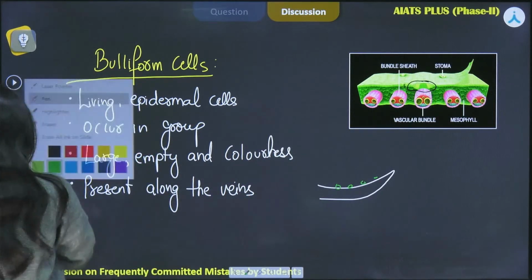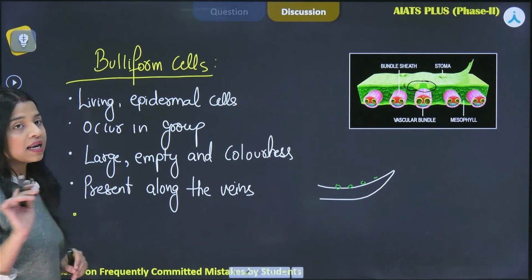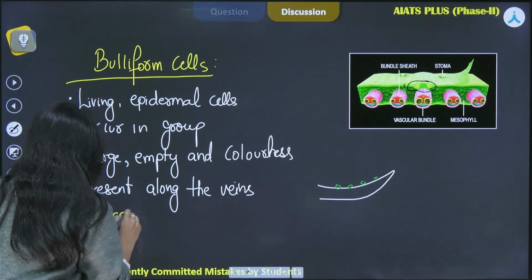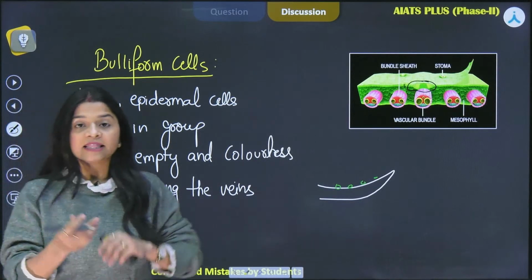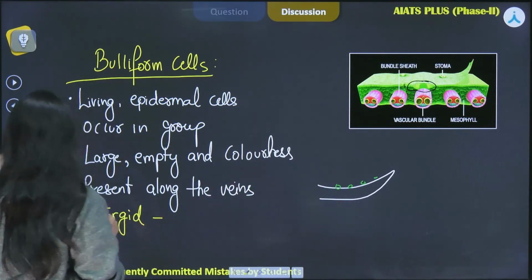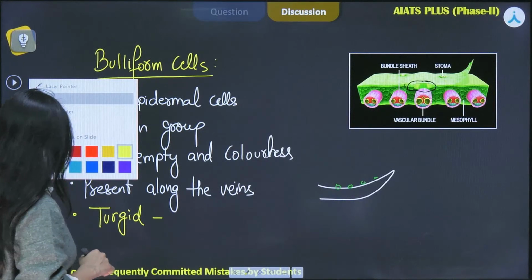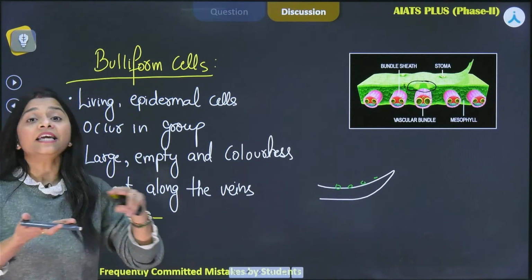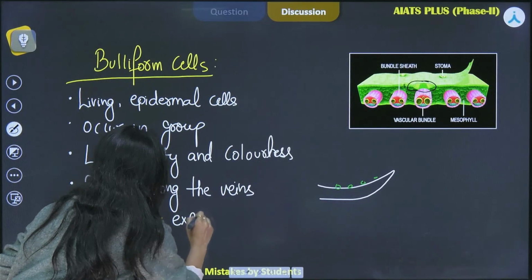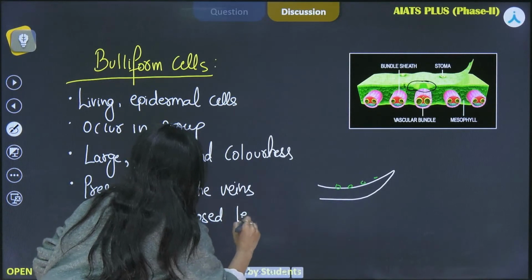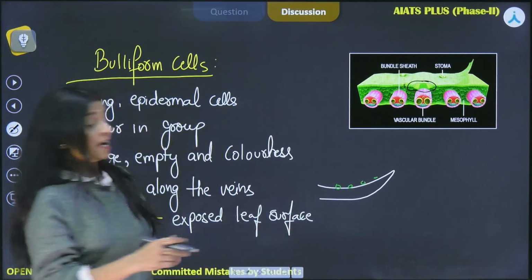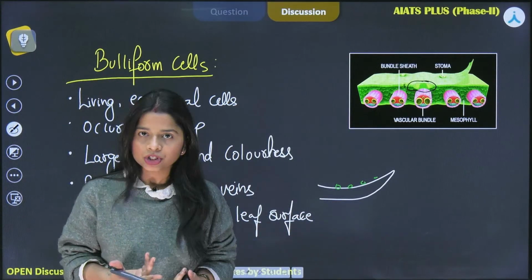So while we are saying that the bulliform cells are in the turgid position, when they are turgid, they will keep the surface of the leaf flat. We can simply say when these are turgid, they will keep the leaf surface exposed. Because if the cells are turgid, there is no deficiency of water, right?